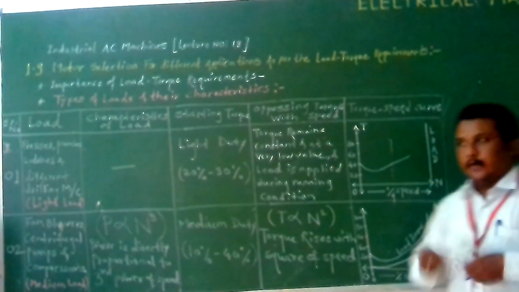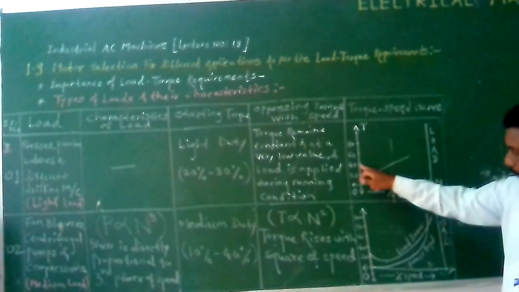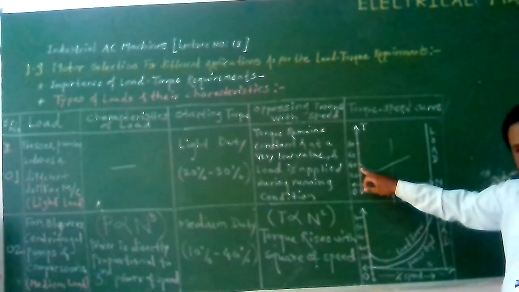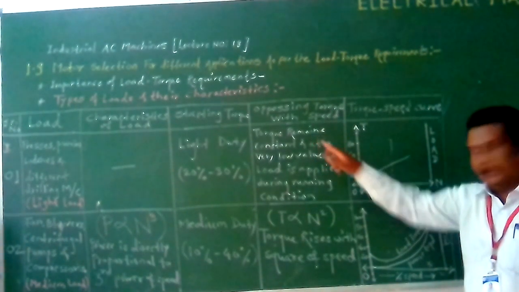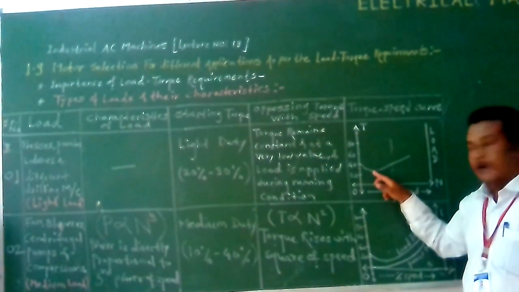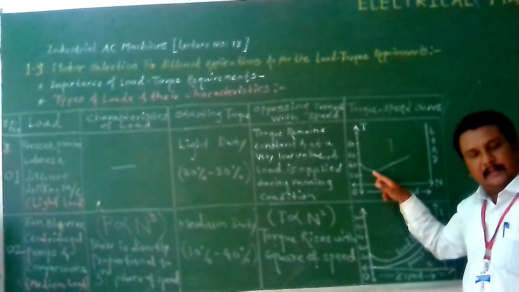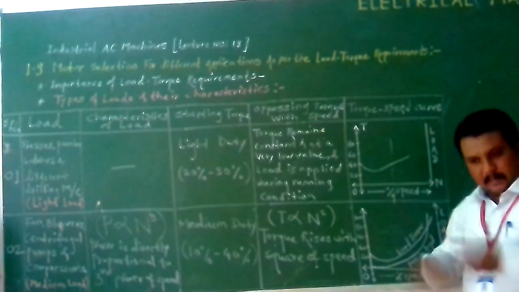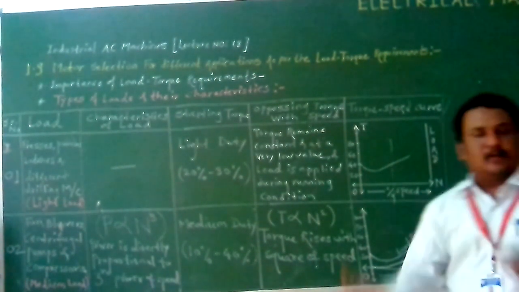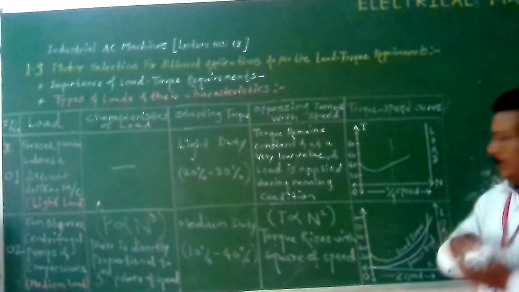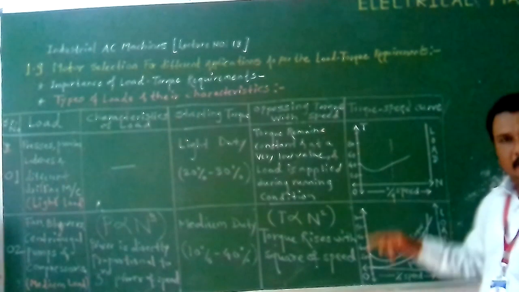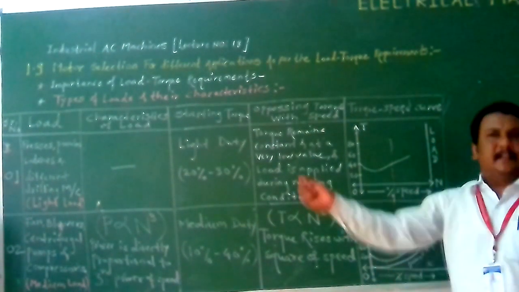Starting load is up to this point. Then whenever the load balances or the motor produces opposing torque, the actual torque reduces. Then in the running condition, during overload, over voltage or over current, the torque slightly increases.